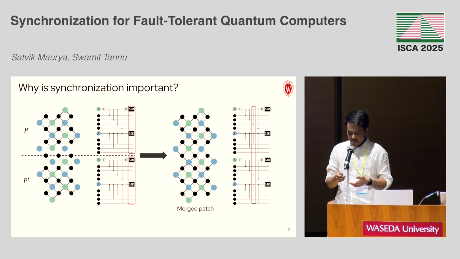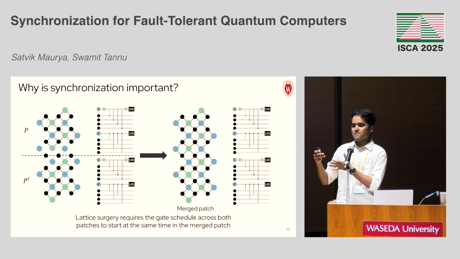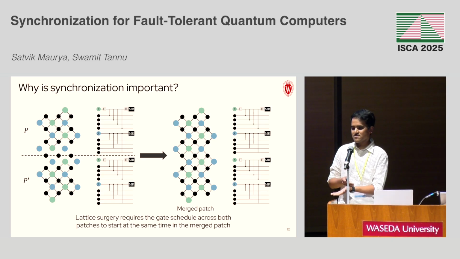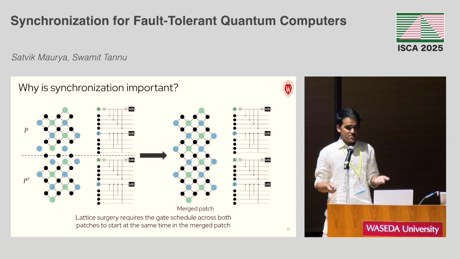Lattice surgery has this requirement. Every logical qubit involved in this lattice surgery operation needs the gate schedules to end at the same time before the lattice surgery operation and start at the same time right after you've done the merge operation. But what if this wasn't the case?